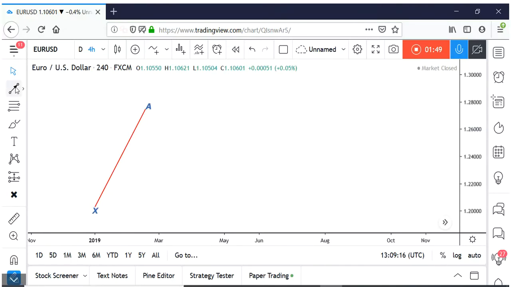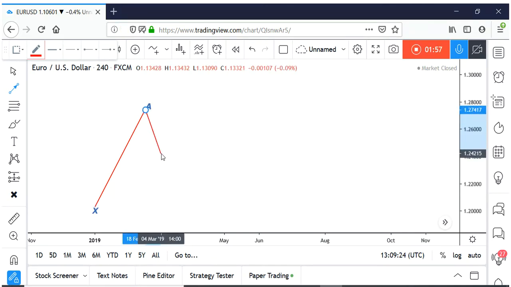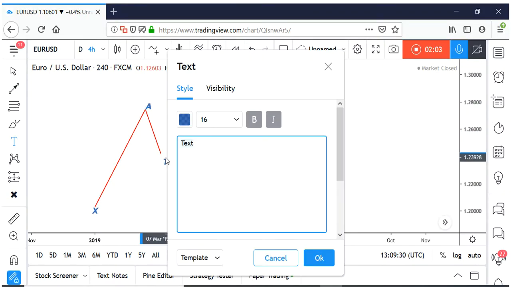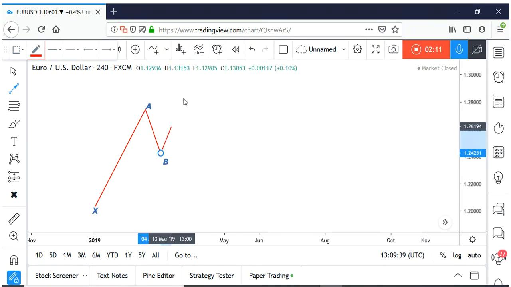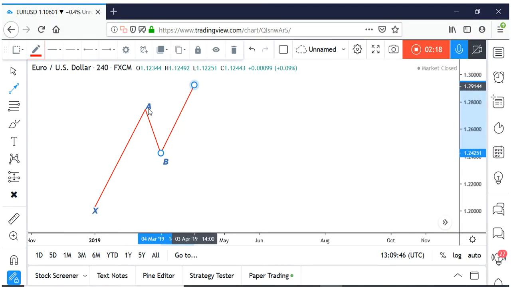And then the second part is once that first leg has moved up, you need a pullback. This pullback will be your B leg. That is our B. And then we need another leg up. This time, this leg up will be higher than the A. So this will be our C leg.